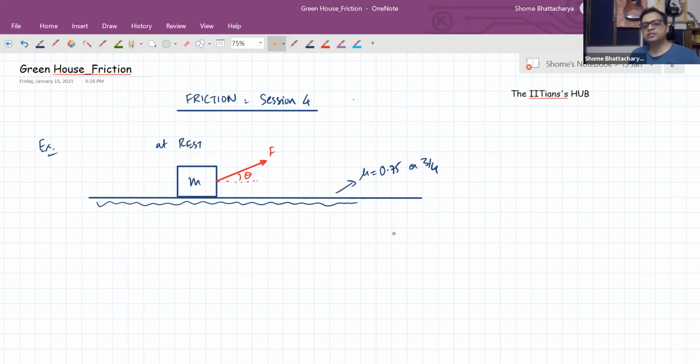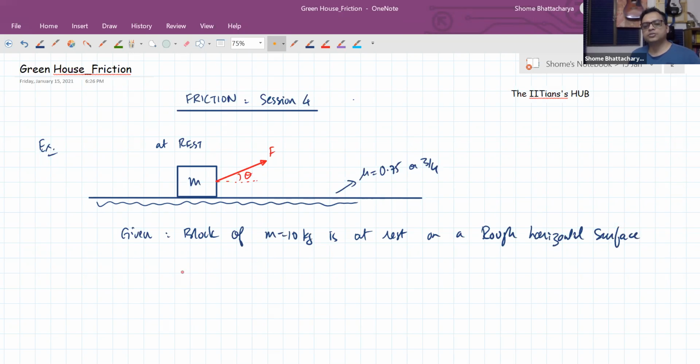A block is at rest on a rough horizontal surface, as shown.